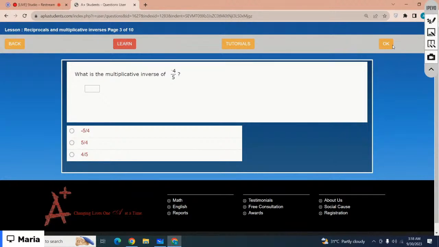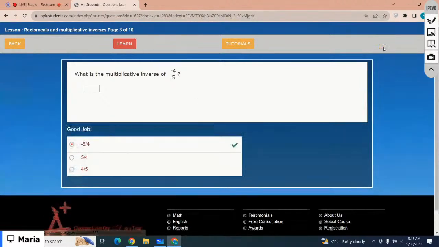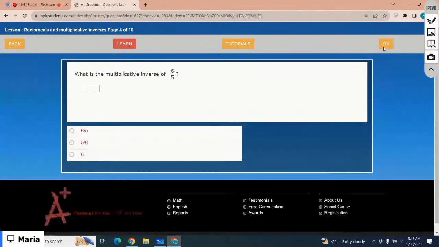That would be negative 5 over 4, right? Basically, the reciprocal and the multiplicative inverse are exactly the same, right?